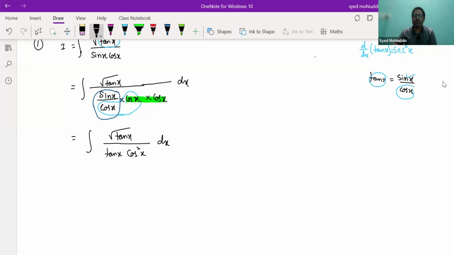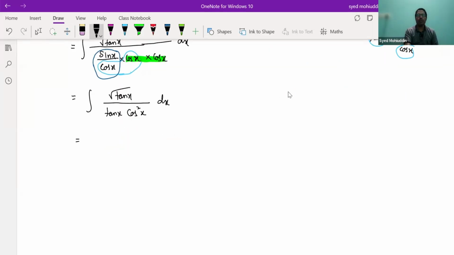Further, if you simplify this one, this will be equal to root of tan of x divided by, tan x can be written as root of tan x into root of tan x, into, now this 1 by cos square can be written as secant square of x, into dx.